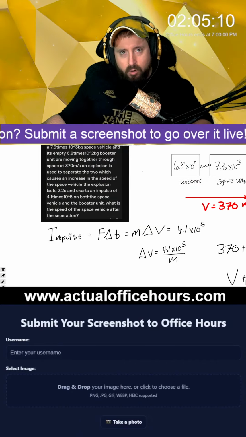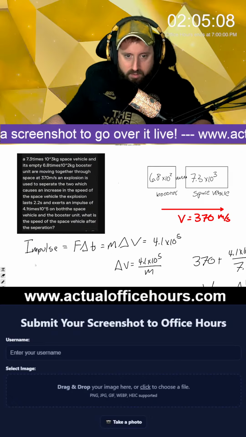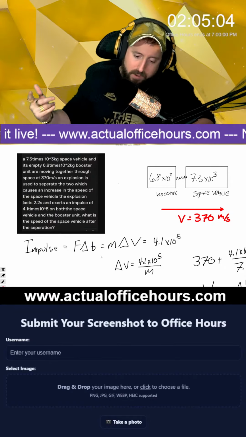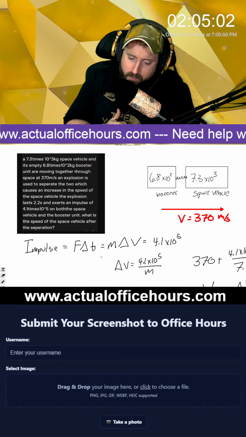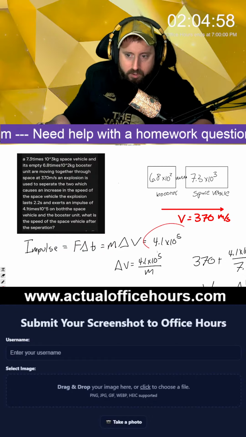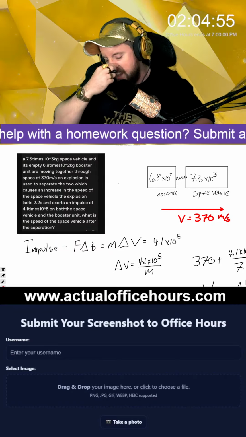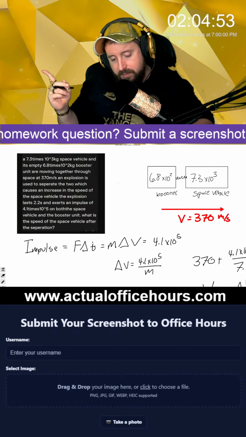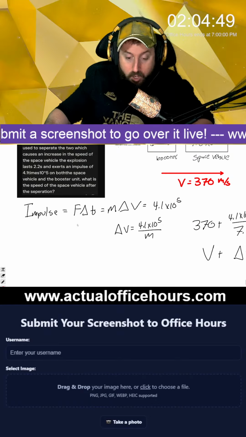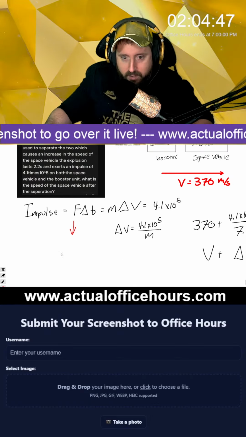Yeah, Green, you bring up a good point. I'm wondering why the 2.2 was given. I get that you could figure out what the force was then, right? Because I know the value of the impulse, so then I know the value of delta T. So I could figure out the force exerted on each one, but in order to figure out the velocity change, isn't that going to be the same ma?